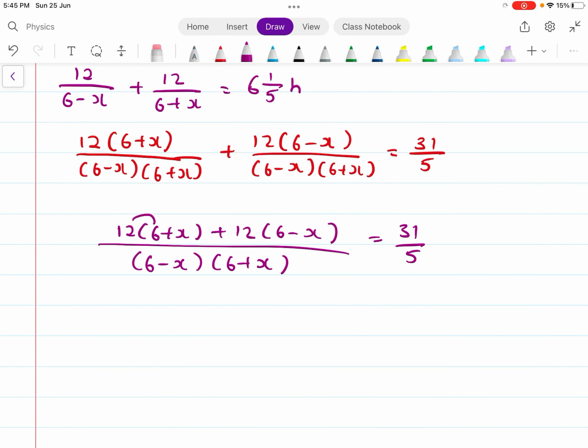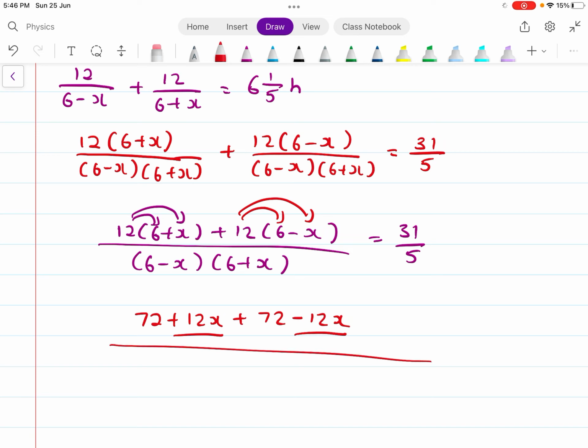Next, you just need to expand. Expand 12 here also. 12 times 6 is 72, so 72 plus 12x plus 72 minus 12x. The 12x terms cancel each other. So next part will be bracket 6 minus x, 6 plus x bracket is equal to 31 over 5.